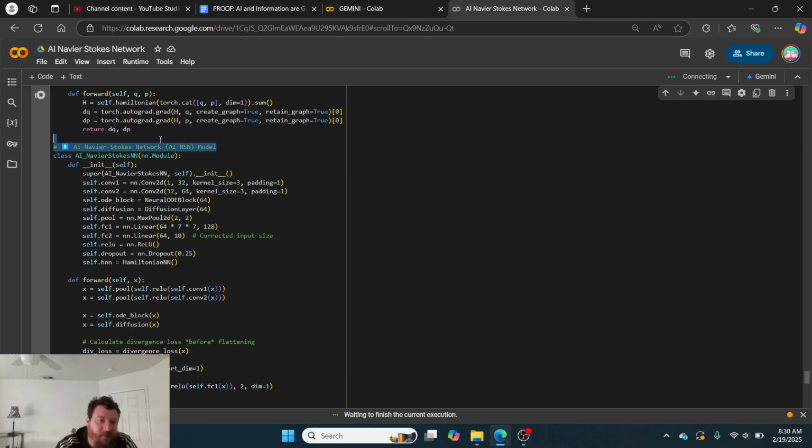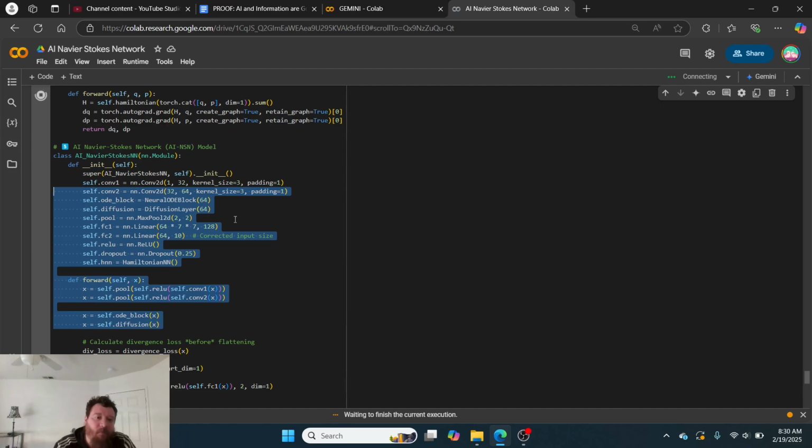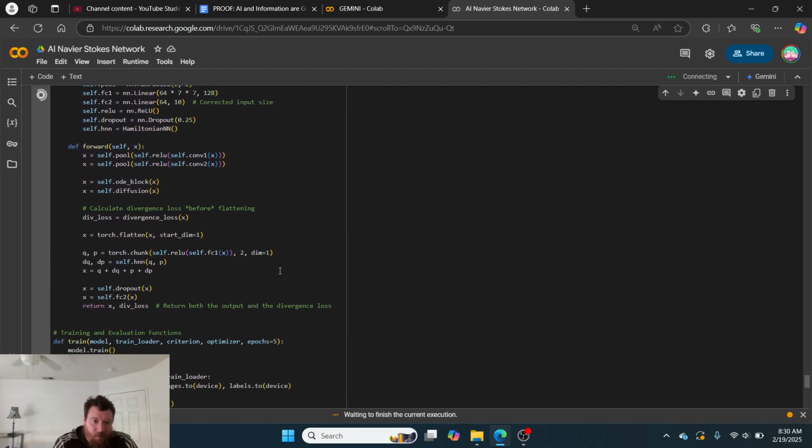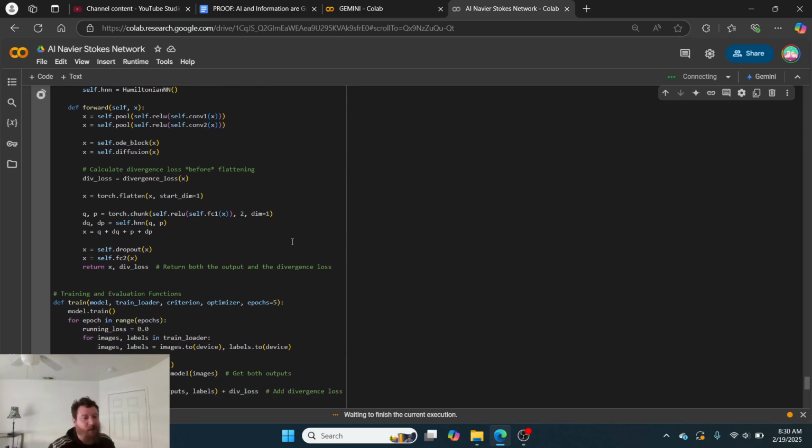Then you put all of that together, and that gets you your full model with all of the connected layers. We calculate divergence loss before flattening, and we do that flattening in that whole PCA. So we have diffusion, and on top of the diffusion, we have our PCA that acts like diffusion. We've got a bunch of liquid states going on in here. We're shaking it up like a liquid a lot.